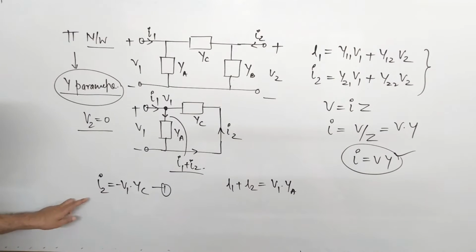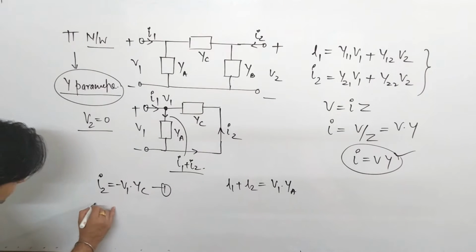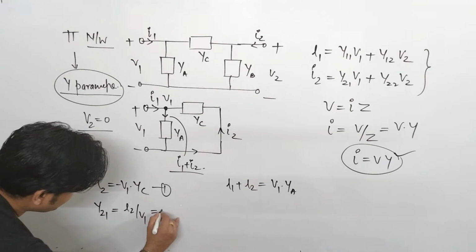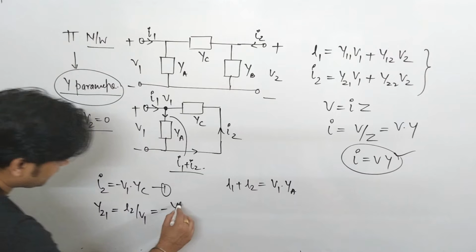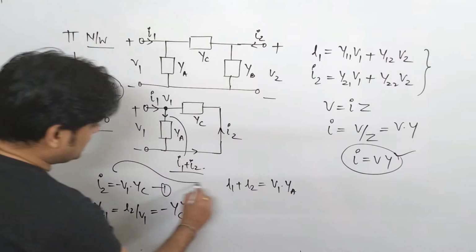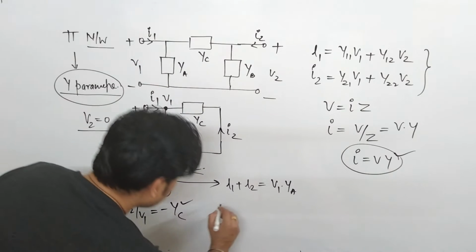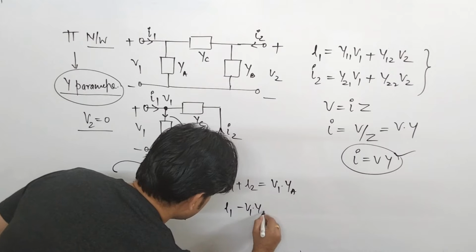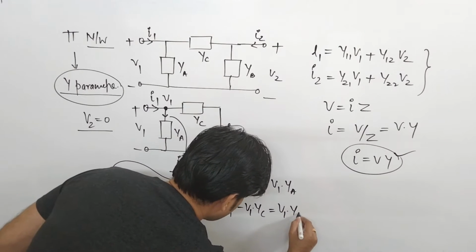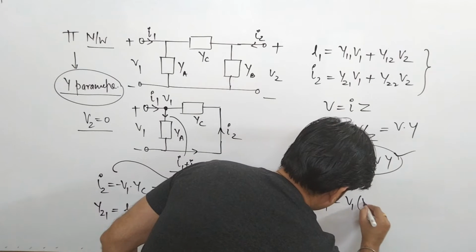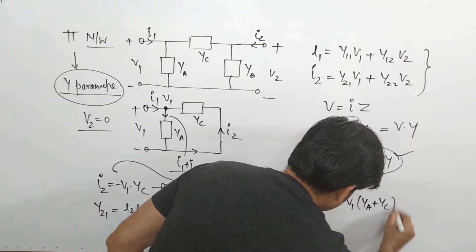Now from here you can say that for finding out the parameter Y21, it is I2 by V1, and here it comes to be minus of YC. First we have identified minus of YC. This we put in this equation, so we get I1 minus V1 YC is equal to V1 YA, or I1 is equal to, taking V1 as common, YA plus YC.